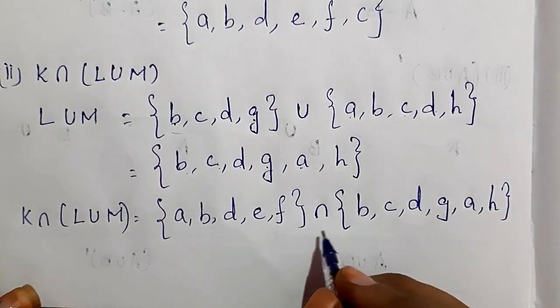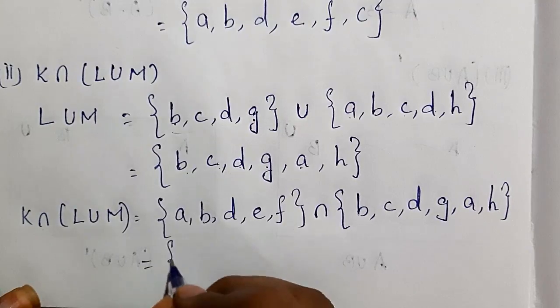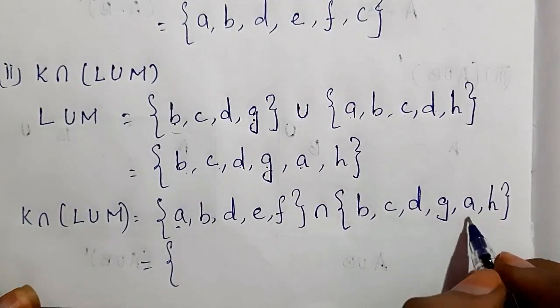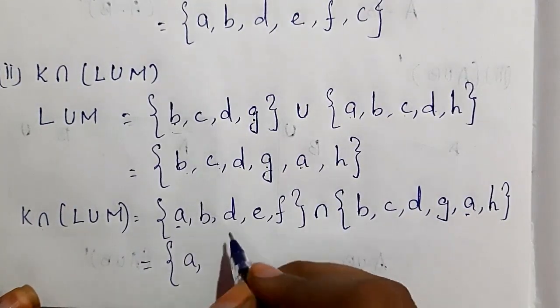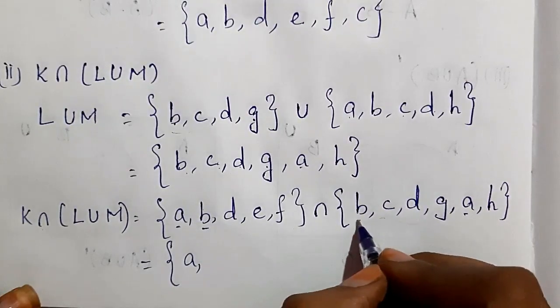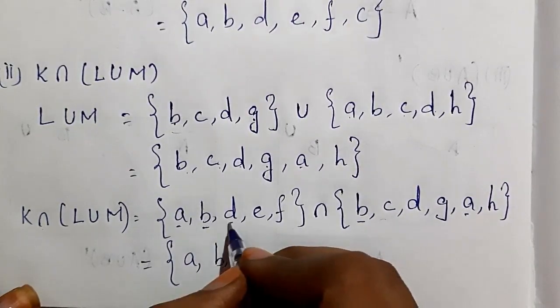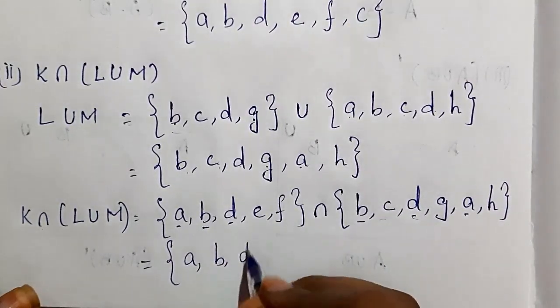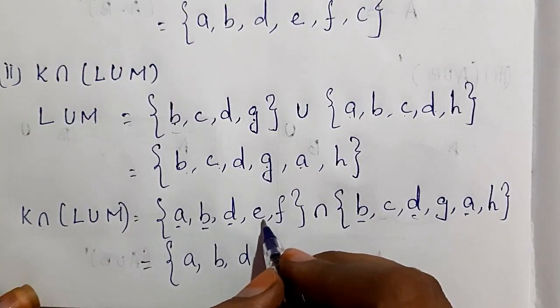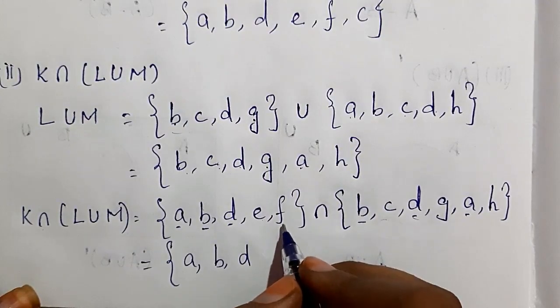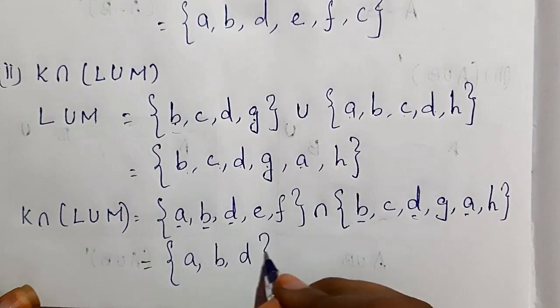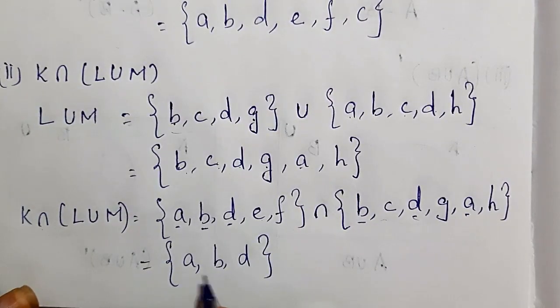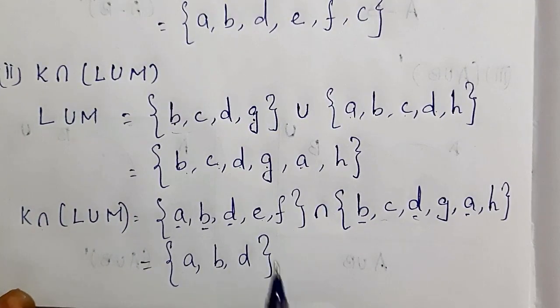Then do the intersection. Collect all the common elements and write. A is here, A is also there. B is here, B is also there. Then D is common. E is only here, so we cannot write it. F is only here, so we cannot write it. So the elements are a, b, d. Two parts over.